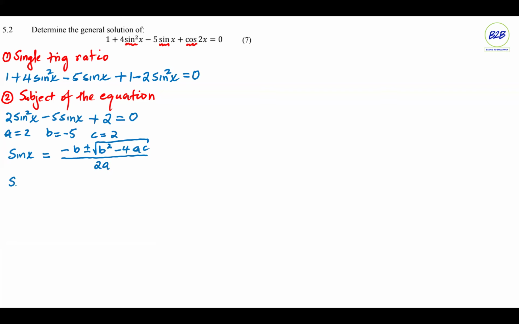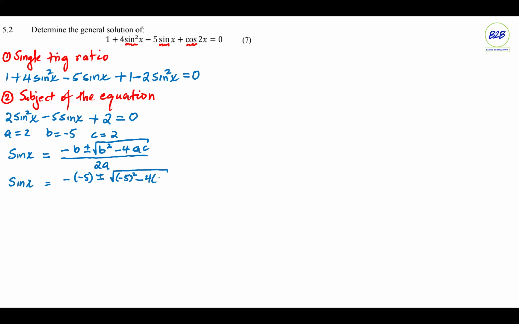Then we substitute in the place of b, minus 5, plus or minus the square root of minus 5 squared minus 4.